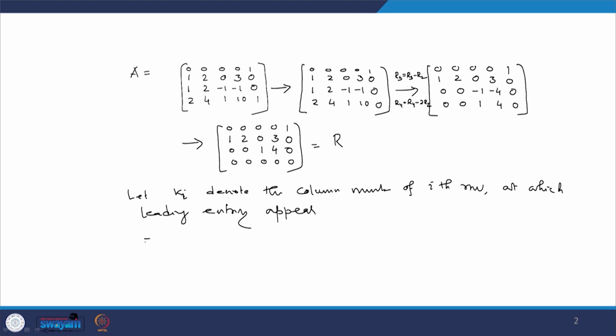This implies K1 is equal to 5, K2 is equal to 1, and K3 is equal to 3.